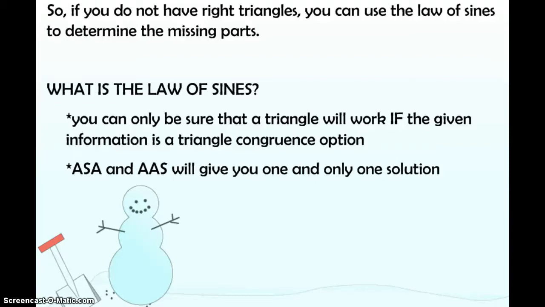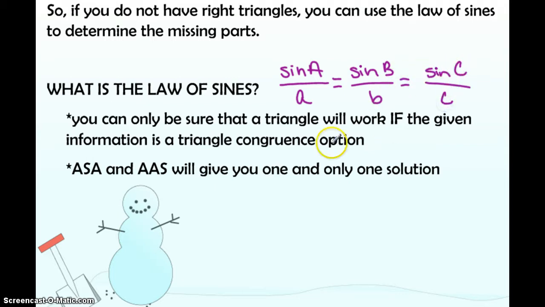When we were reviewing our trig, someone put this on the board. So we have the sine of angle A over little a equals the sine of angle B over little b equals the sine of angle C over little c.